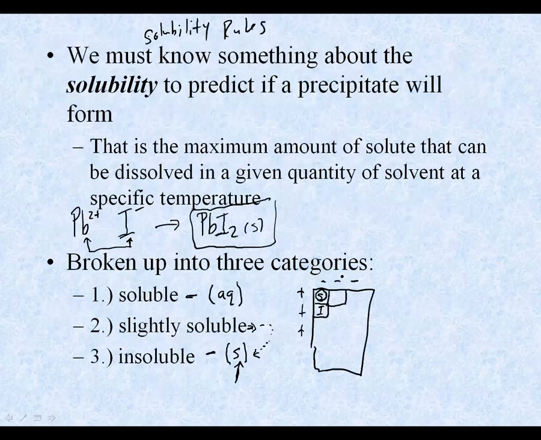If it says S, it means it's soluble. If it says I, it means it's insoluble. So probably Grace, that would be the only place you would see SS written in a solubility table, just to indicate that it is slightly soluble. But typically in an equation that you write, you wouldn't write SS next to it. So you would either choose AQ for aqueous or S for solid. And again, if it was slightly soluble, probably the solid would be the symbol that you would use.